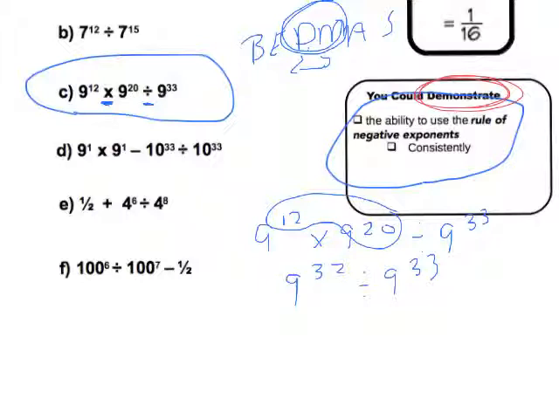The quotient rule says when I am dividing powers and the bases are the same, I can just subtract 32, subtract 33 is a negative 1.